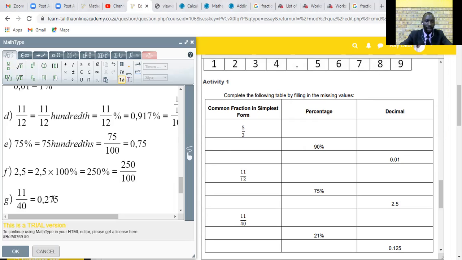Now from here, the next thing we want to do is to write it as a percentage. And so we'll be having 0.275, which can still be written as 0.275.